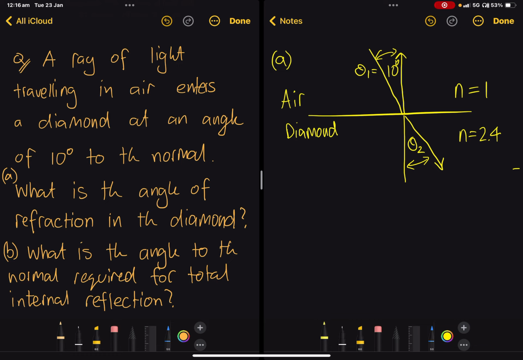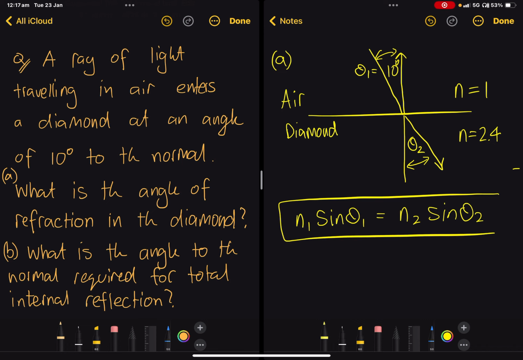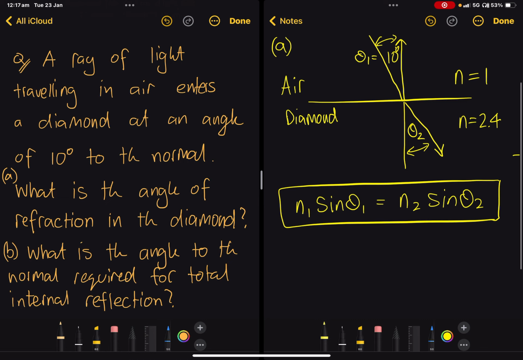Here we're going to be using Snell's law: n1 times sine of theta 1 is equal to n2 times sine of theta 2. This is our main rule for this question. We know n1 is 1, n2 is 2.4, theta 1 is 10 degrees, and theta 2 is unknown.